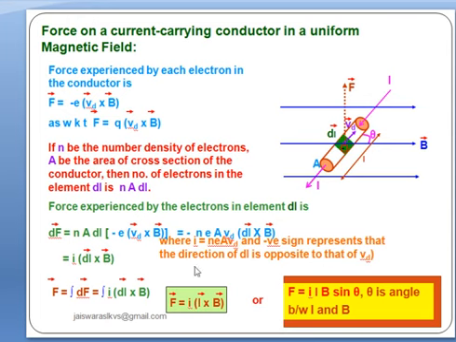This is the vector form of force experienced by a current carrying conductor placed in a magnetic field, or this vector form can be represented in its magnitude form, that is F = ILB sin theta, where theta is the angle between L and B. So F = ILB sin theta, or F = I (L × B), is the force experienced by a current carrying conductor of length L placed in a uniform magnetic field.